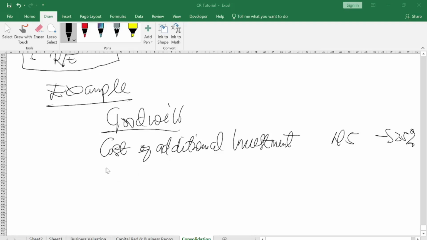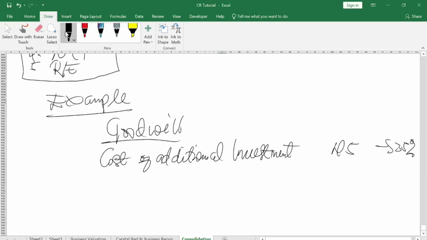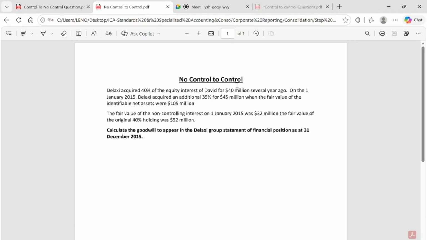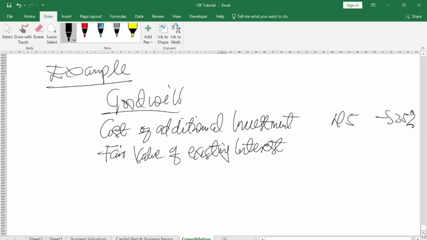Then the fair value of existing interest. Don't use the 40 million, the old or original value. We use the fair value.